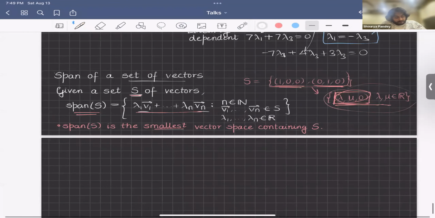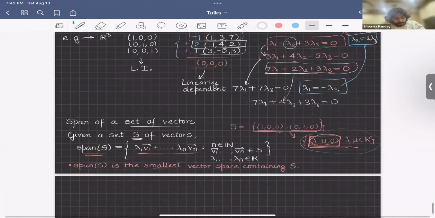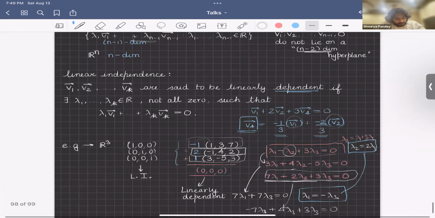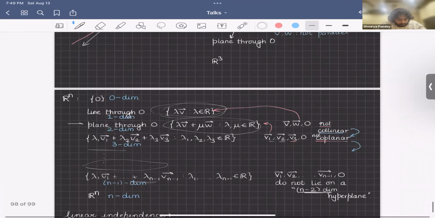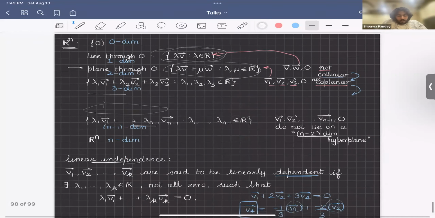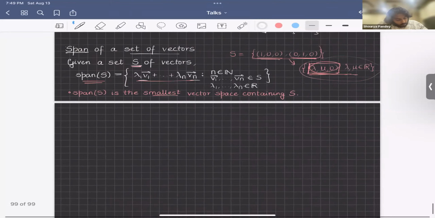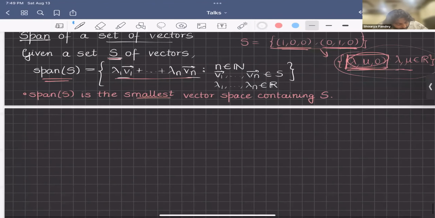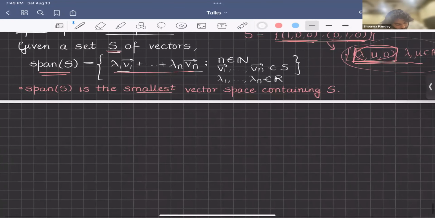Okay. So I have span, I have linear independence, and I have roughly this sort of classification for now. Okay, great. So now we can more formally define dimension.